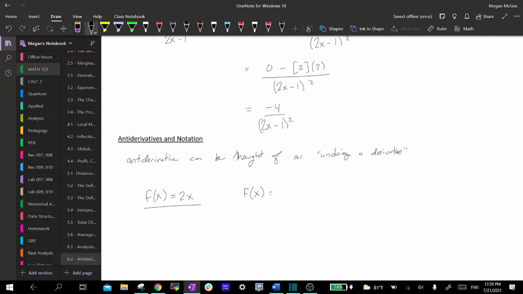So if we think about the power rule, we know that if we have x squared, our power rule would be bring this down, subtract 1, so we'd end up with 2x to the first power. All right, so an antiderivative for 2x would be x squared.